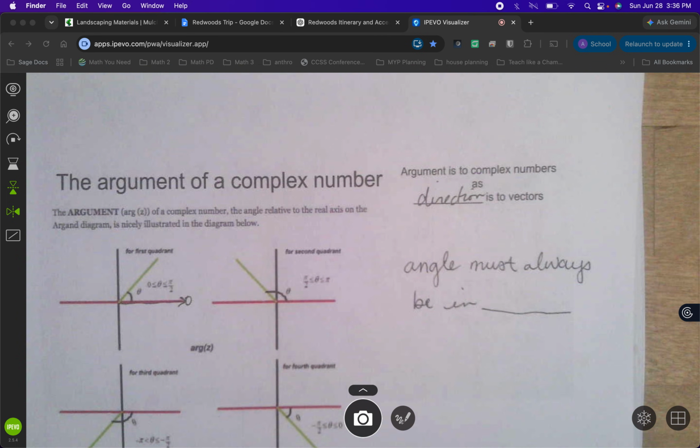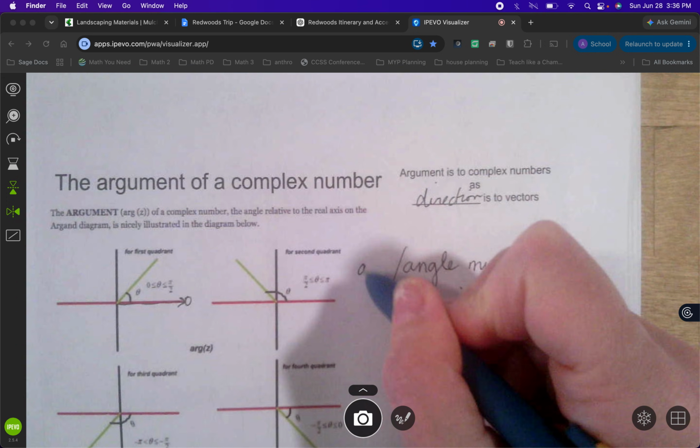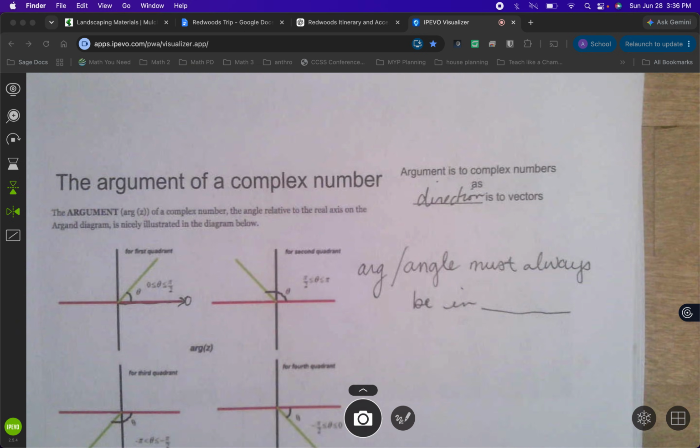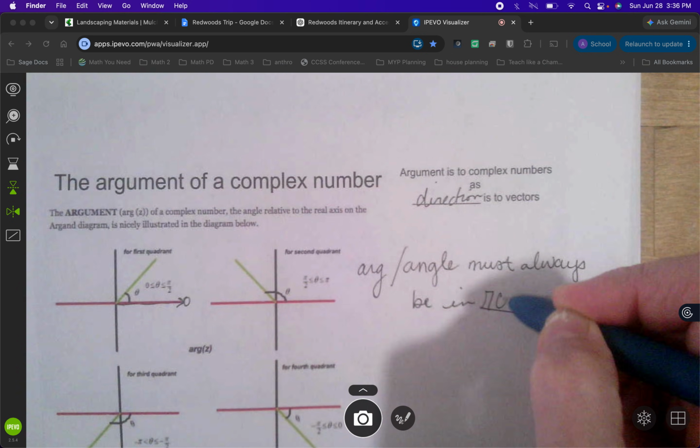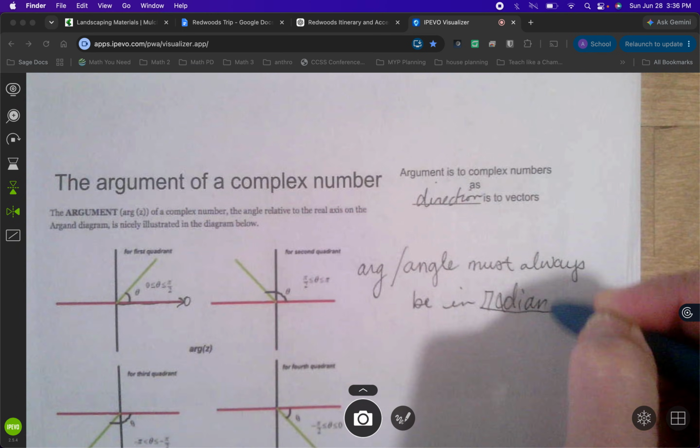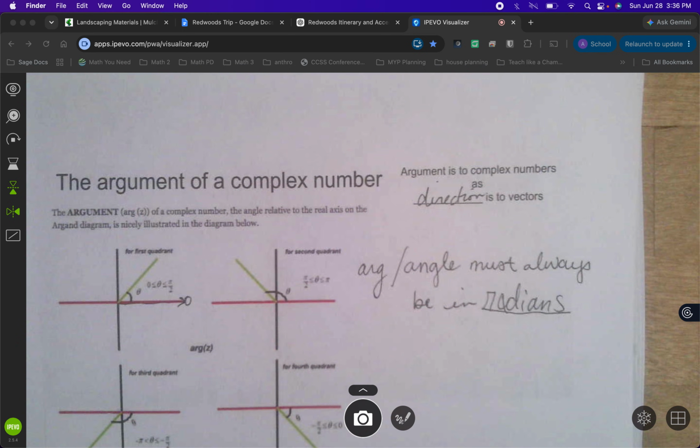The only thing you're going to want to be aware of here that's a little bit different is that the angle, the argument, is always going to be in radians. So if you had your calculator in degree mode, it would give you just an error code. It wouldn't actually find the angle for you because it always has to be in radians.